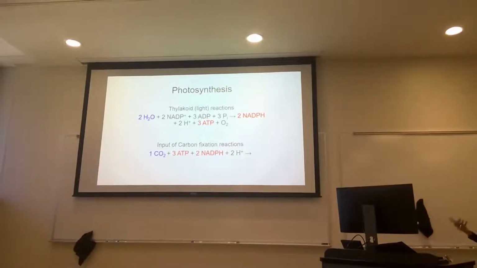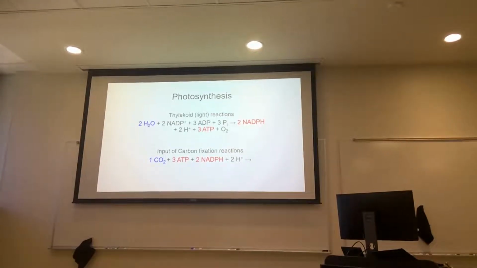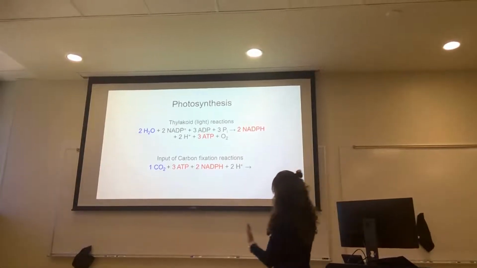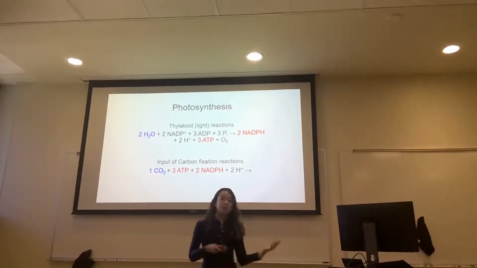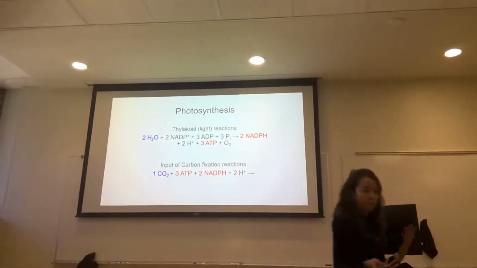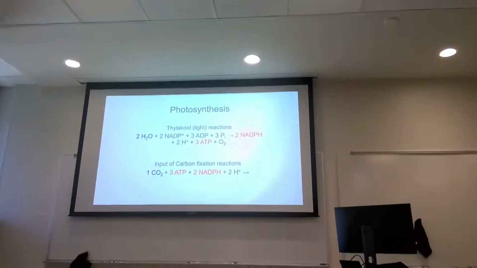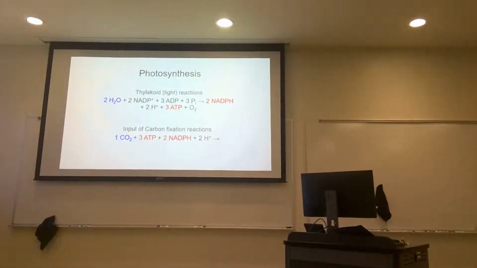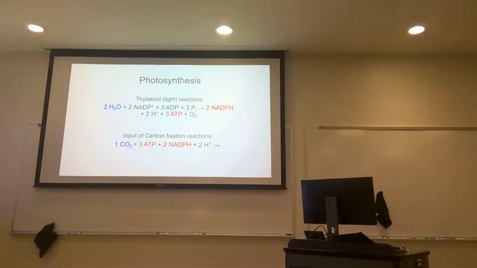More than the numbers, because this equation is everywhere, you wouldn't ever need to memorize this. But more to understand how they are connected, how the output of one feeds into the next one, and why CO2 is so important for the plant, because each one of these CO2 molecules will eventually become 1 carbon of carbohydrate that the plant then takes to the cytoplasm to do glycolysis, and then to the mitochondria to do the Krebs cycle, just as we do.